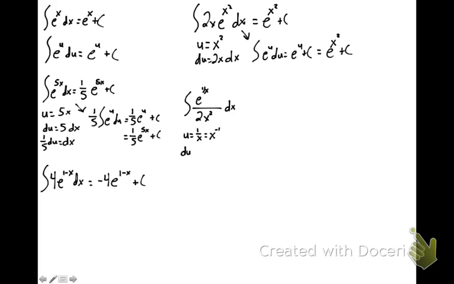Then du will equal -x to the -2, or -1 over x squared. Now, I need this to be 1/2 times 1 over x squared rather than -1 over x squared.